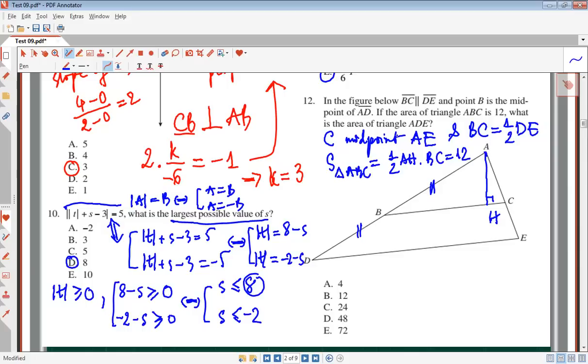They ask about the area of triangle ADE. We do the same.